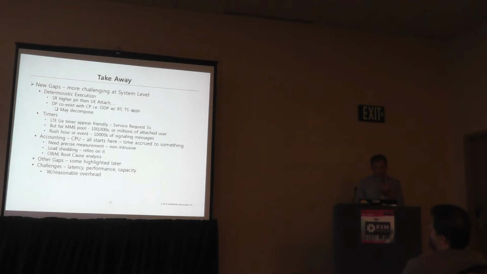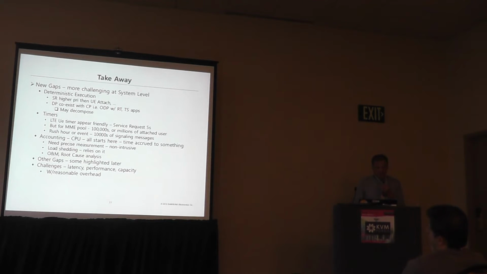Then we have timers. Anyone that's worked with networking knows that there are thousands and thousands of timers involved. Typically the way things work in the control plane is that you get a request, you queue it up, you associate a timer with it, you send that off, something doesn't happen, the timer fires, then you retry again.